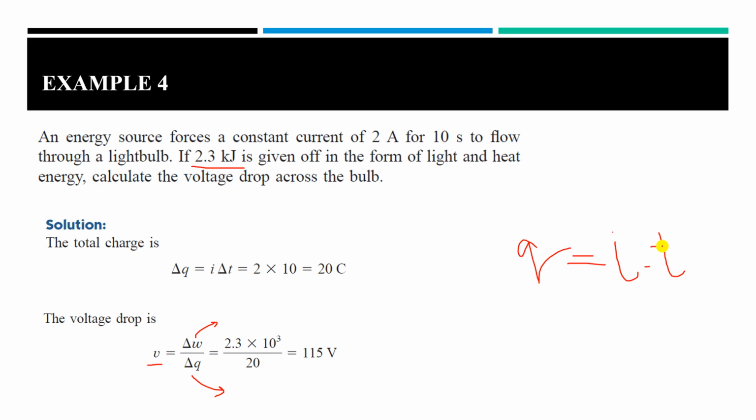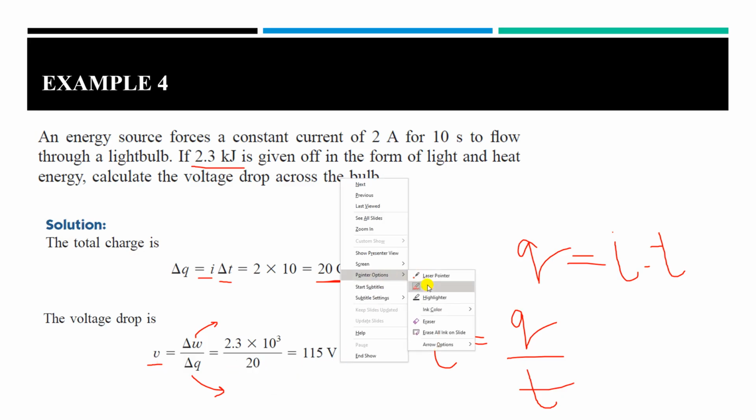Where did we get this? Remember that current is equal to Q over T, so Q is equal to current multiplied by T. So 2 multiplied by 10 gives us 20 coulombs. Using this, we will get the voltage. All of them will lead to the same result.